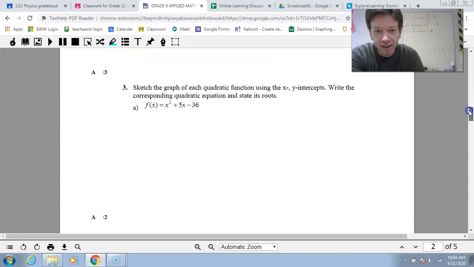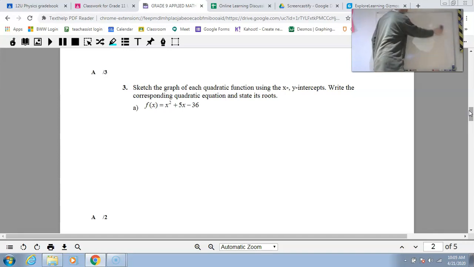We'll do 3a. 3a says sketch the graph of each quadratic function using the x and y intercepts. Write the corresponding quadratic equation and state its roots. The quadratic equation is how you find the x-intercepts. So it does say to sketch it using x-intercepts. Well, we're going to do that by writing the quadratic equation and finding those intercepts.